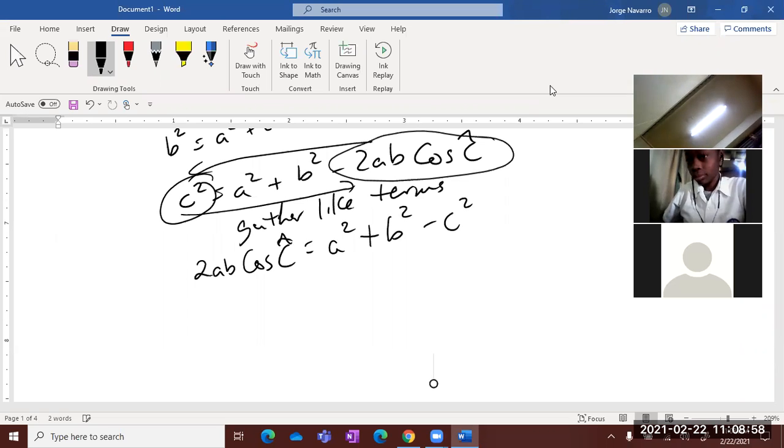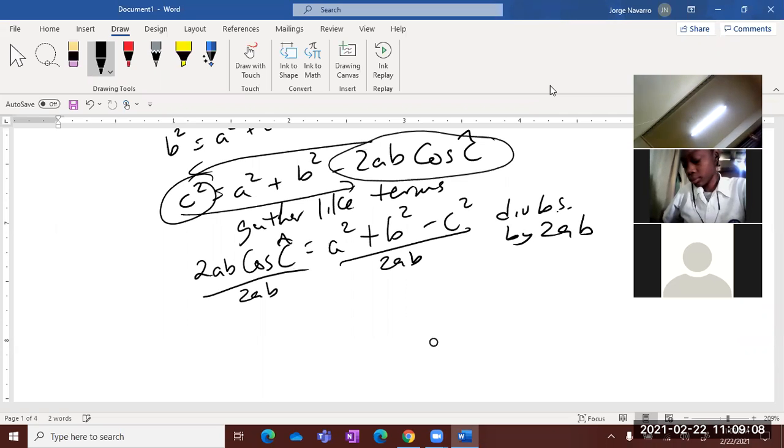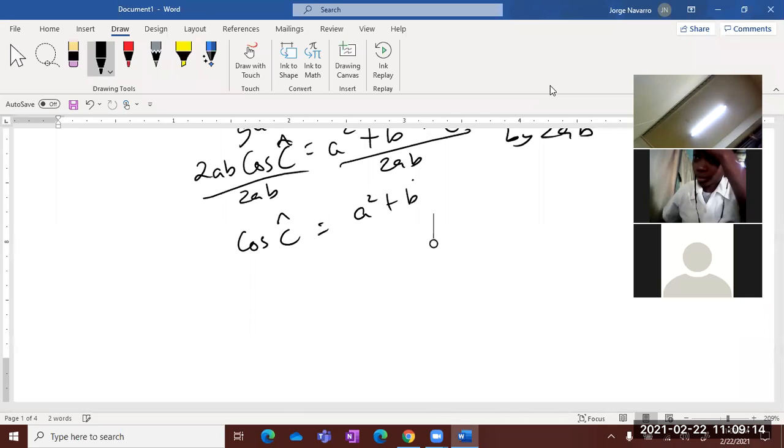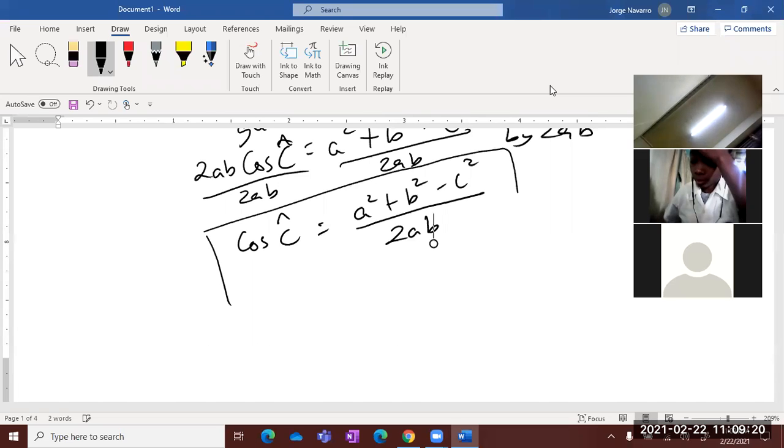And then I will divide both sides by 2AB. And hence I will have that the cosine of C is A squared plus B squared minus C squared over 2AB. And so this will be the transposed formula if I'm looking for angle C.